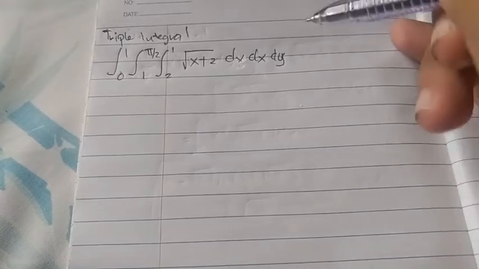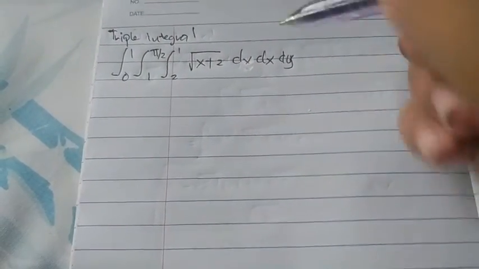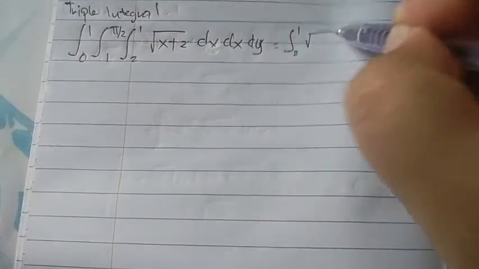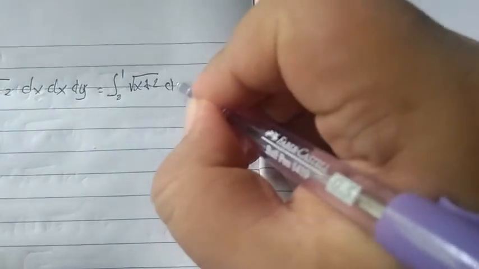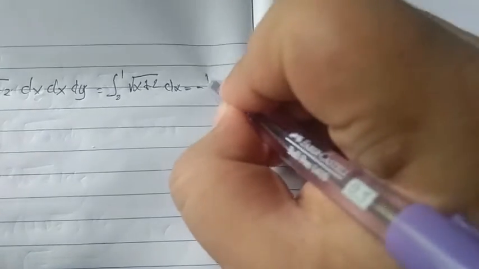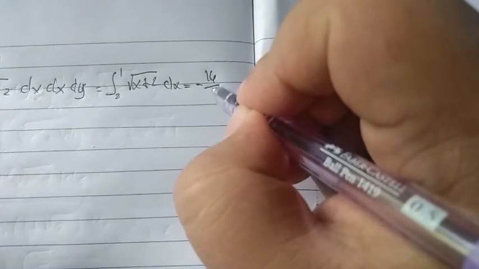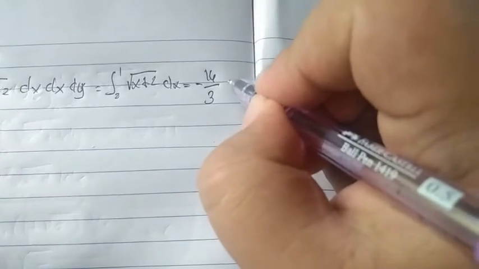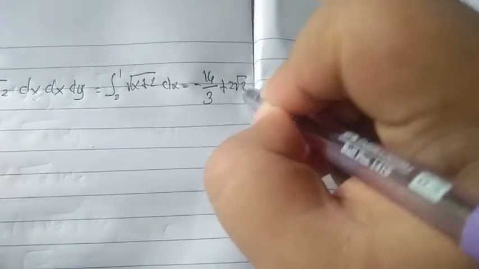So to solve this, the first thing we're going to do is get this part, which will be equal to the integral with limits 2 to 1 of the square root of x plus 2 dx, equals negative 16 over 3 plus 2 square root of 3.